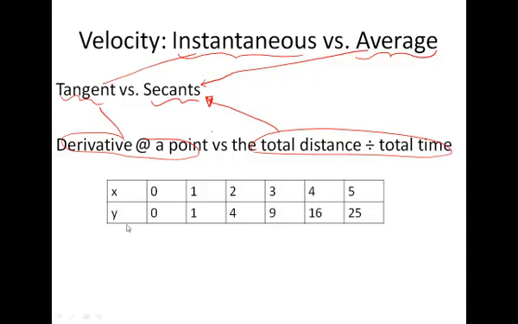Remember when we had Brad Beebs, whatever we want to call him, when he was trying to get to the concert and I had this set of data up? I hope you can see that f of x here is just x squared.